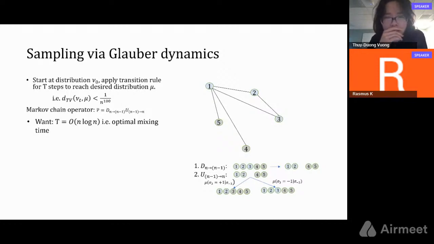So this Glauber dynamics is very easy to implement and widely used in physics and computer science. For the Ising model with Glauber dynamics, we want the mixing time to be roughly linear in the size of the distribution. The distribution is over n atoms, so we want the mixing time to be around n log n.